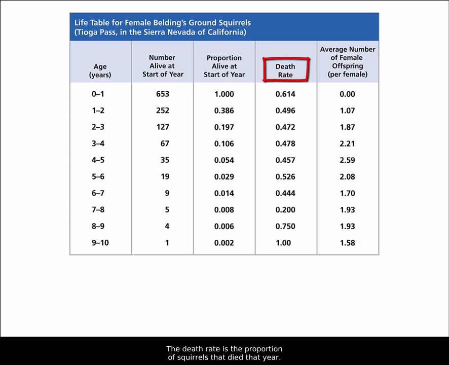The death rate is the proportion of squirrels that died that year. How do you calculate the death rate? Again, we use the data collected for the number alive at the start of each year. We know how many squirrels died the first year because we started with 653 and 252 made it to the next year.